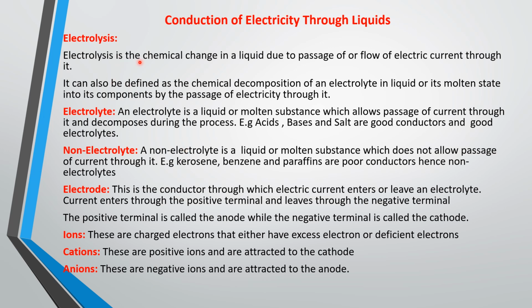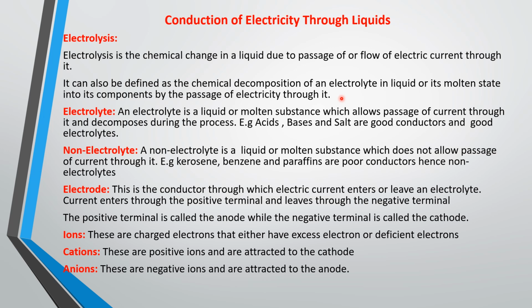Electrolysis can also be defined as the chemical decomposition of an electrolyte in liquid or its molten state into its components by the passage of electricity through it. So when electricity passes through an electrolyte, it decomposes. That process is what is called electrolysis.